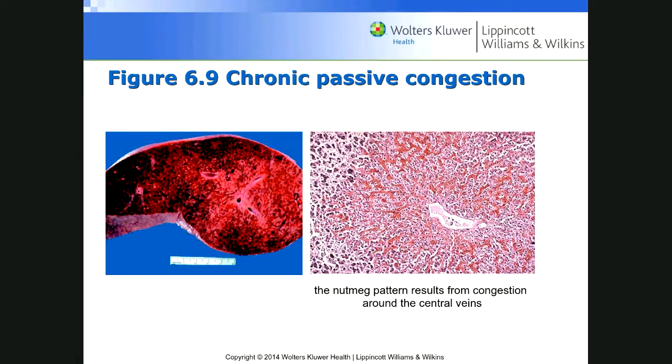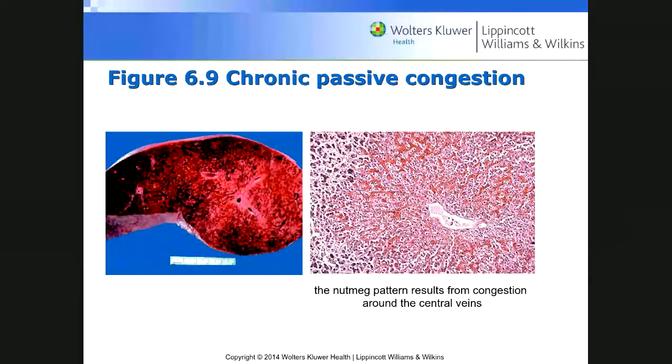But what happens is that it's going to back up through the hepatic vein, which goes into the liver. And then you can get congestion in the liver. And typically, when you have congestion in the liver, you get this pattern here.